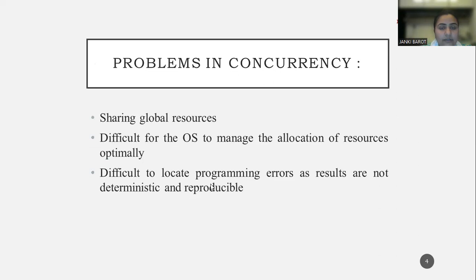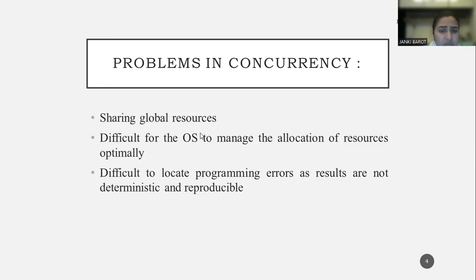Now we'll see the problems in concurrency, which are the problems we are facing in concurrency. First here we have written sharing the global resource. If two or more processes want to share the same resource, they can share that. Let's take an example: we have a network printer which is connected among 10 systems.